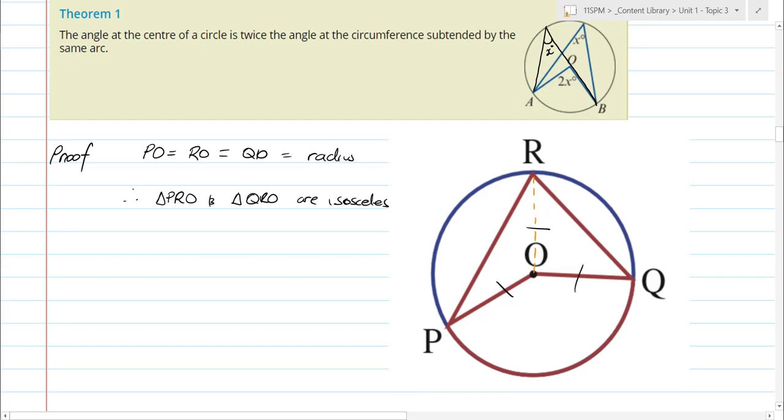And so if they are isosceles, then we get this angle is equal to x, and this angle is equal to x, and this angle here is equal to y, and this angle here is equal to y. I'm just defining those angles. Let angle PRO equal angle RPO equal y, and angle QRO equal angle RQO equal x.